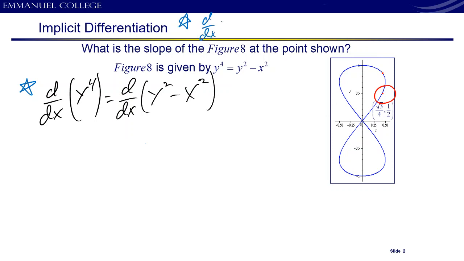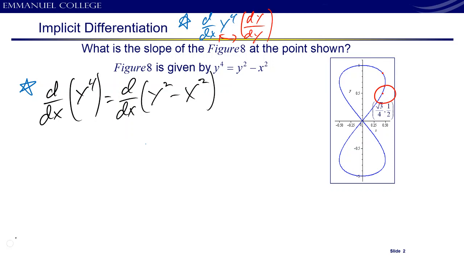So remember, these two do not match. So what I can introduce to actually make this work is, if I multiply by 1, but I make my 1 dy over dy, what I've done is now I can swap these two around.